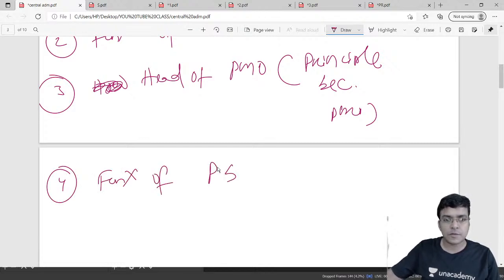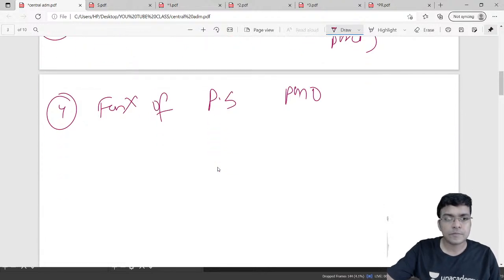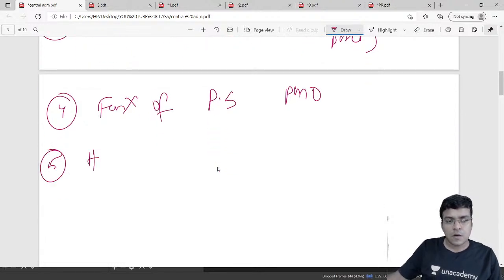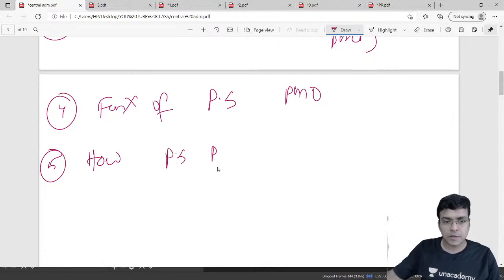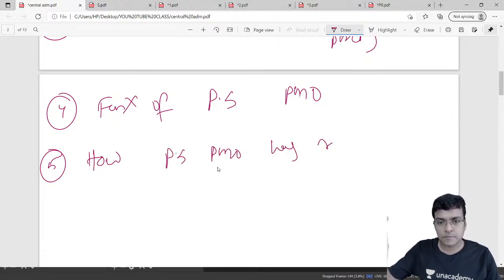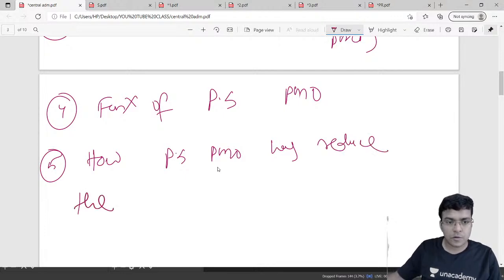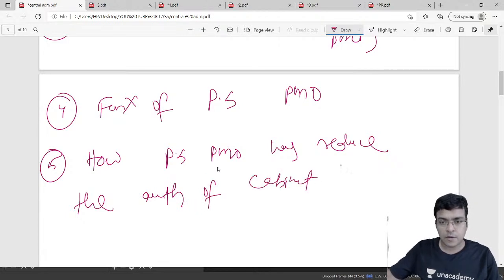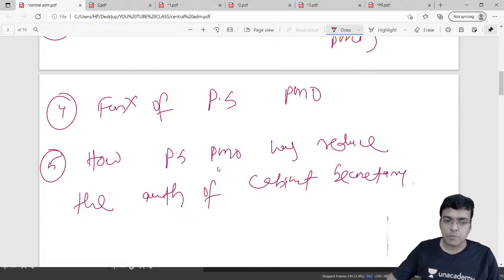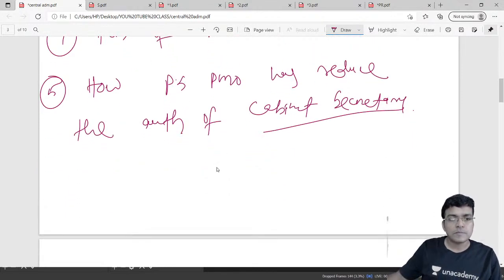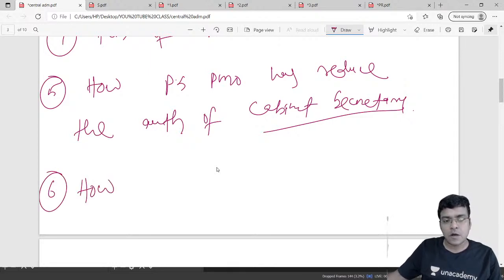Function of this principal secretary PMO. How this principal secretary PMO has reduced the authority of cabinet secretary, how it reduced the authority and power of cabinet secretary, that you need to write. And how PMO became so powerful.